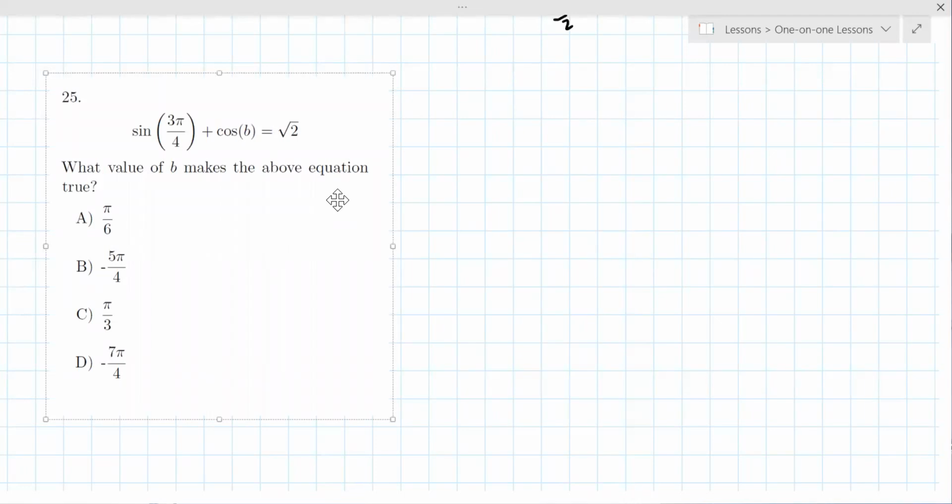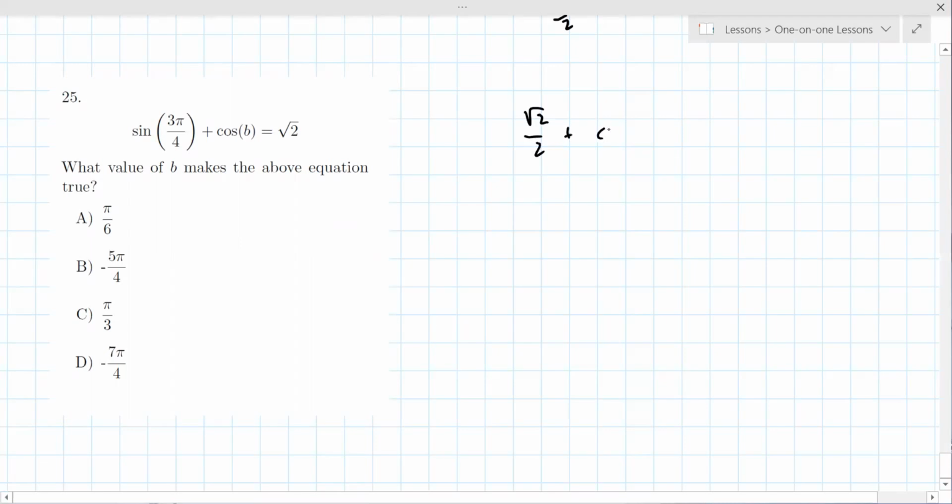So the sine of that is root 2 over 2 plus cosine B equals root 2. Before you tell me you can't do this, what is the denominator over here? 1. Okay, so that's really root 4 over 2. It would be 2 root 2 over 2. You can't affect the inside. Right. So it's just 1.